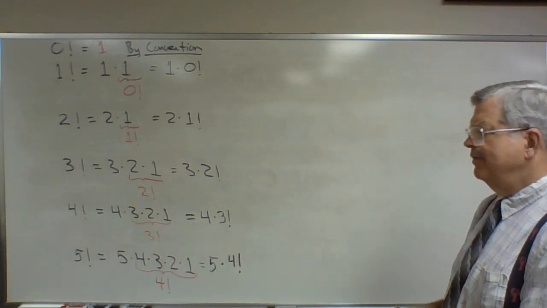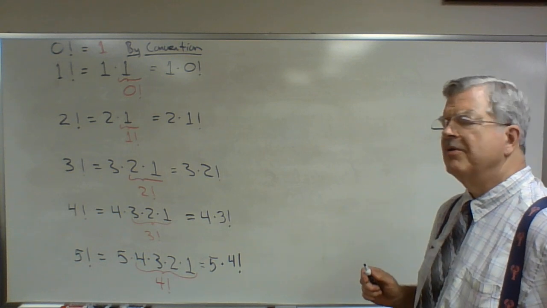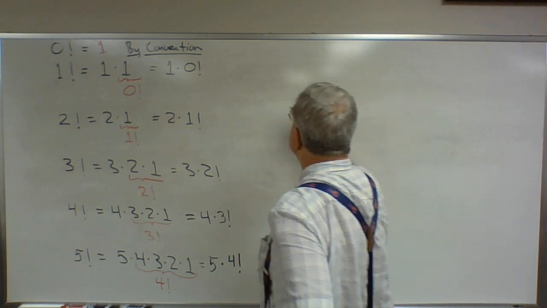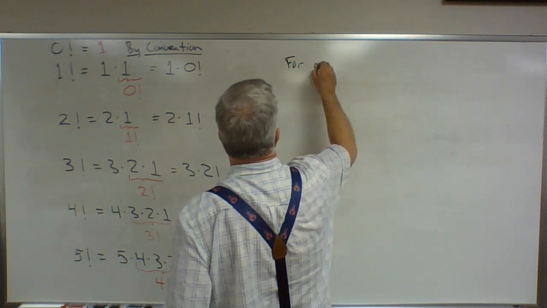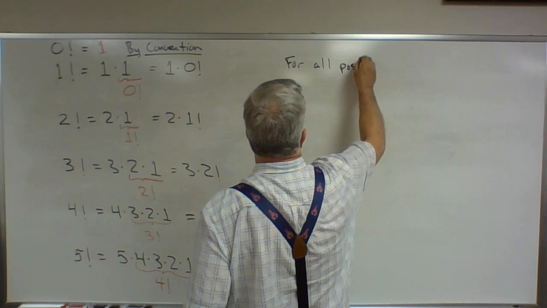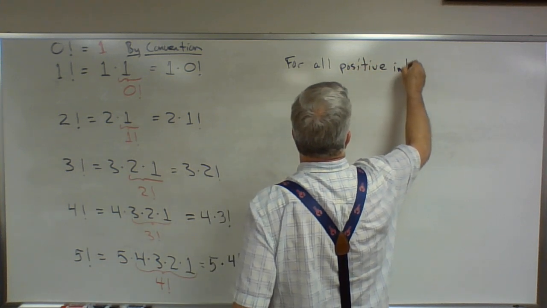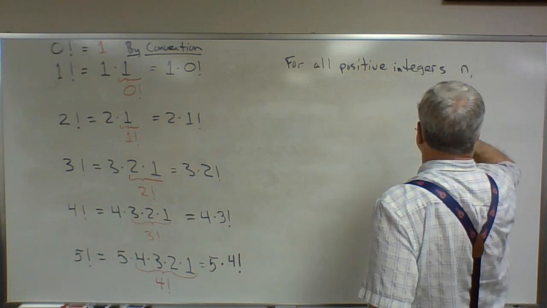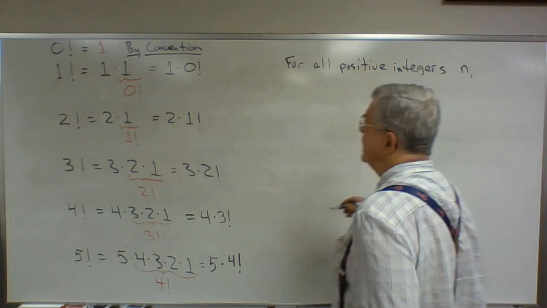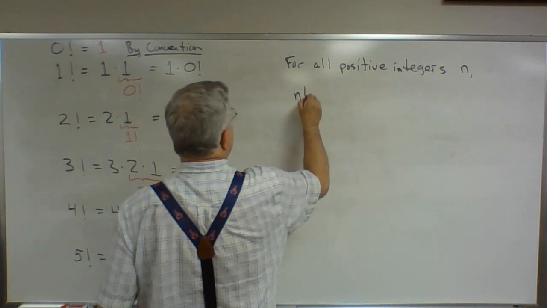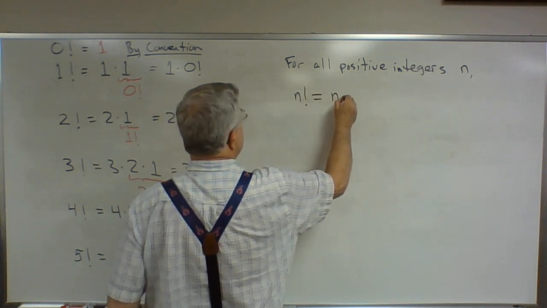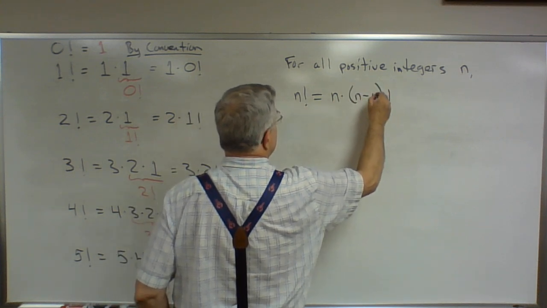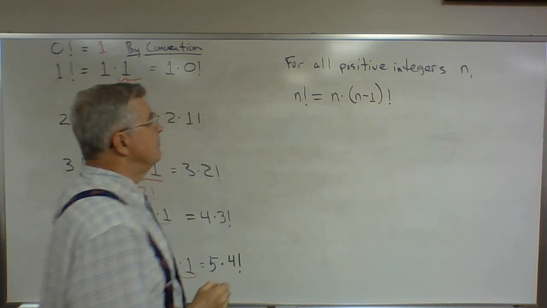And we can write down this general algebraic property or arithmetic property about factorials. For all positive integers n, n factorial is equal to n times n minus 1 factorial.